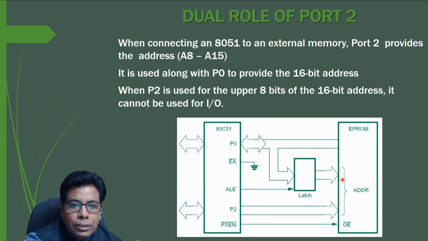So this total will be the 16-bit address whenever we are connecting the external memory. This is the latch for latching the address, and here we are giving the signal ALE for latching the port 0 lines AD0 to AD7.